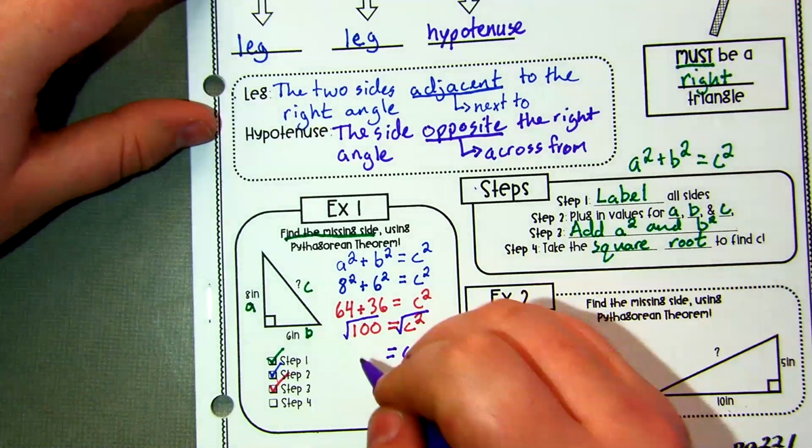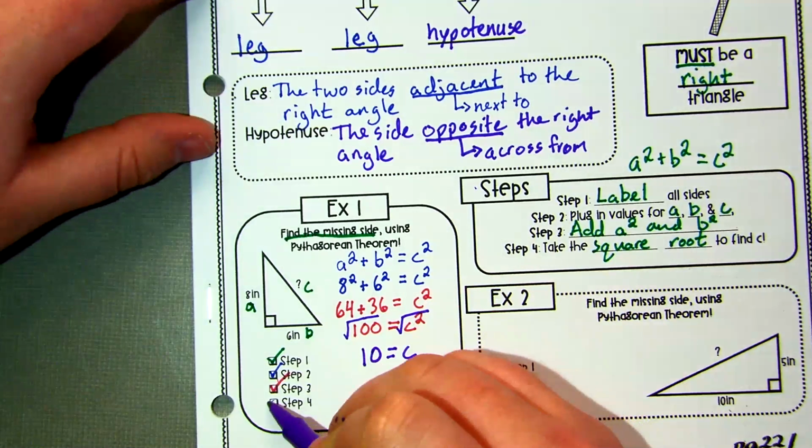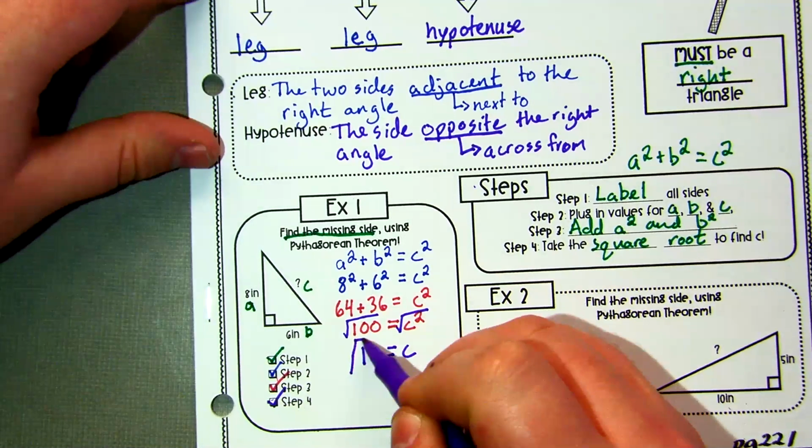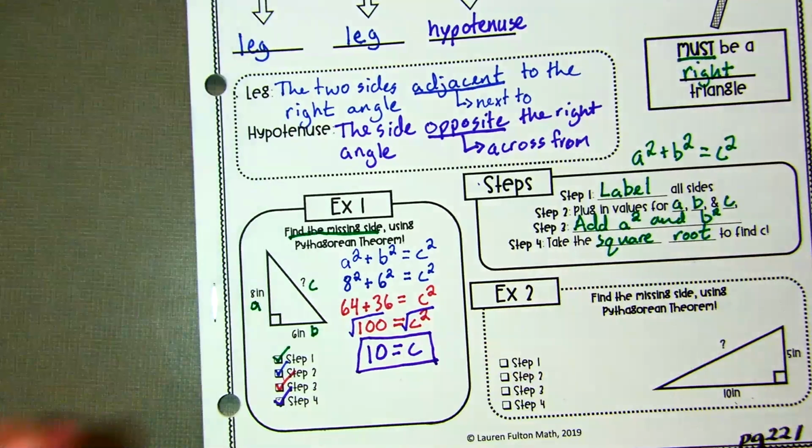Awesome. Once we get 10, we've crossed off our square root, and we are done. Four steps, none of them super complicated, but sometimes we just need that little bit of extra practice.